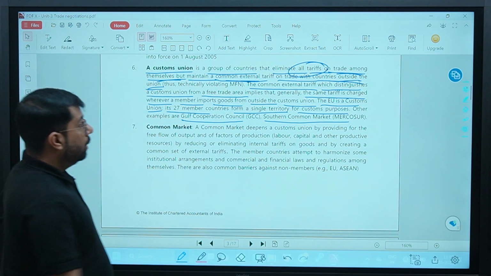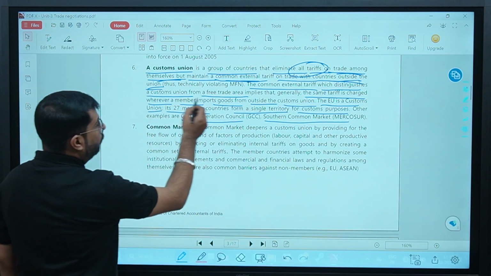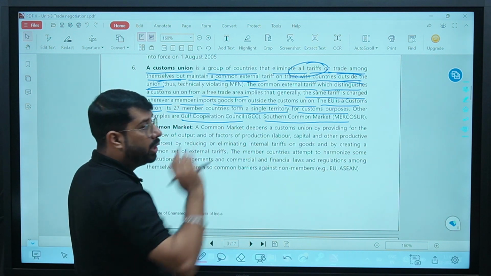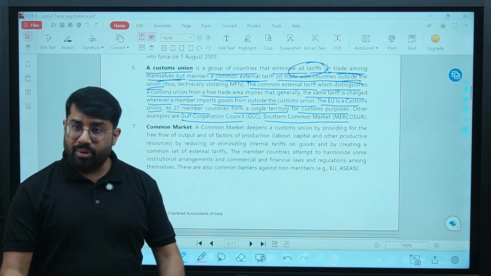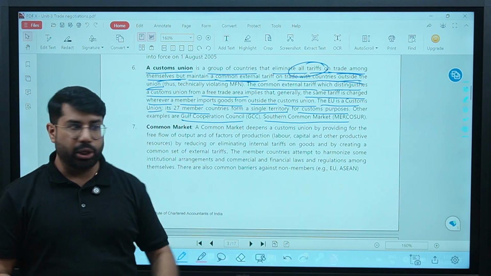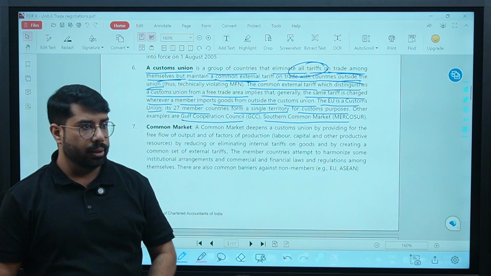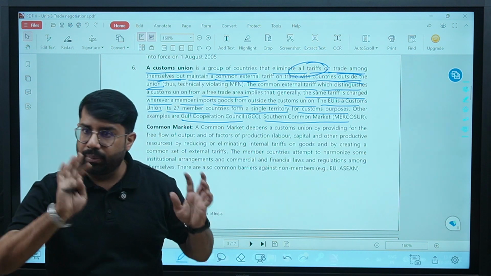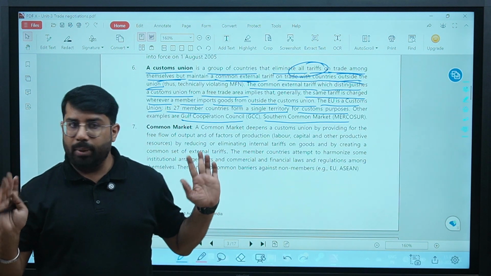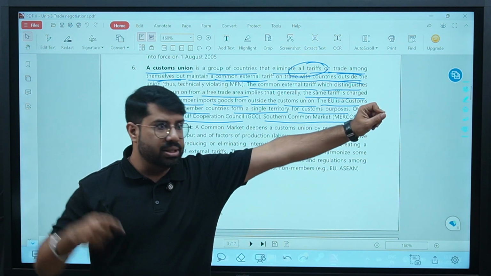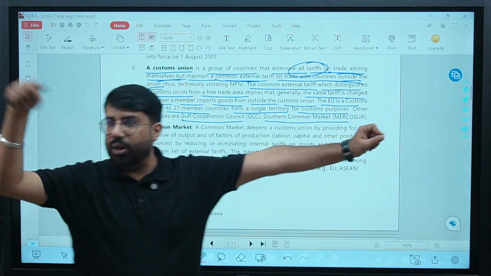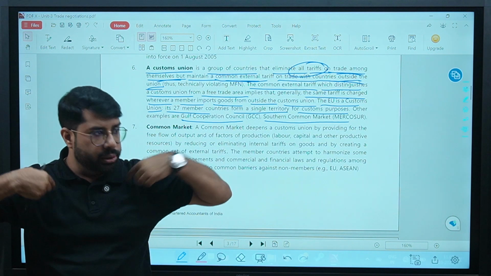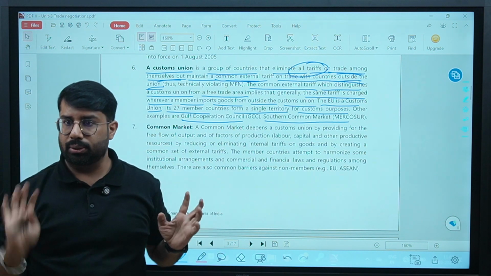In customs union, again, the external tariff is the same. The common external tariff which distinguishes the customs union from a free trade area implies that generally the same tariff is charged wherever a member imports goods from outside the customs union. It means if a member country of the customs union is importing goods from outside the union, then the import rate for every member country will remain the same. Whatever tariff this country decides with me, and I am a member of the customs union, this tariff rate applies to all of the members.